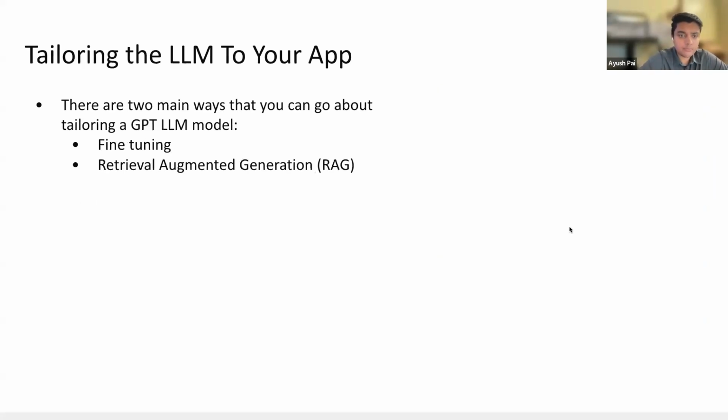So now the next step, once we set up the API, once we know which model we're using, once we know what the user, system, and assistant roles are all doing in your application, is to consider customizing your GPT LLM, which can be achieved in two primary methods. The first one is fine-tuning, and the second one is RAG, which stands for retrieval augmented generation.